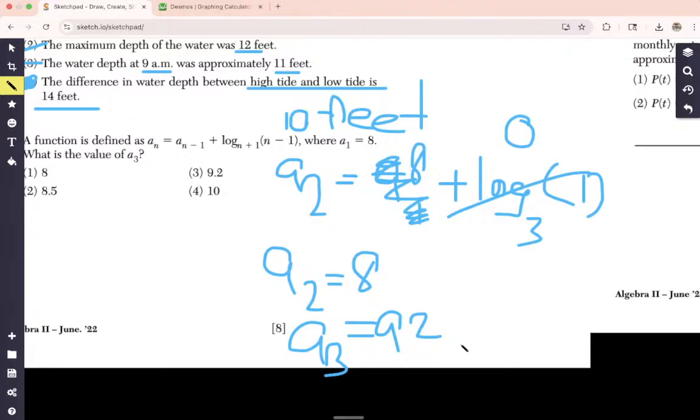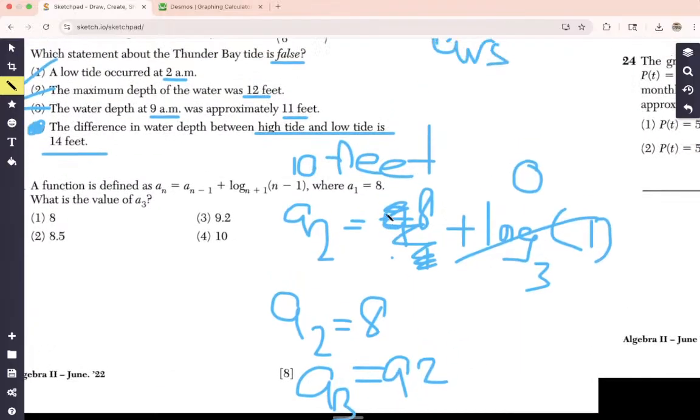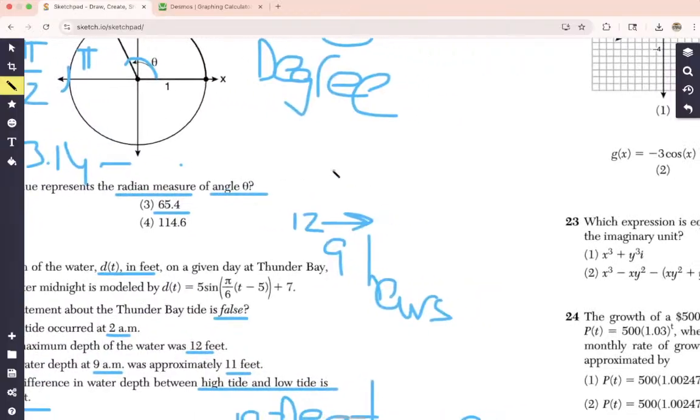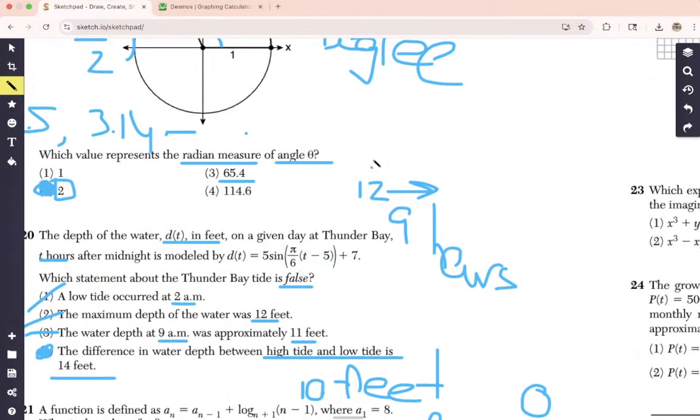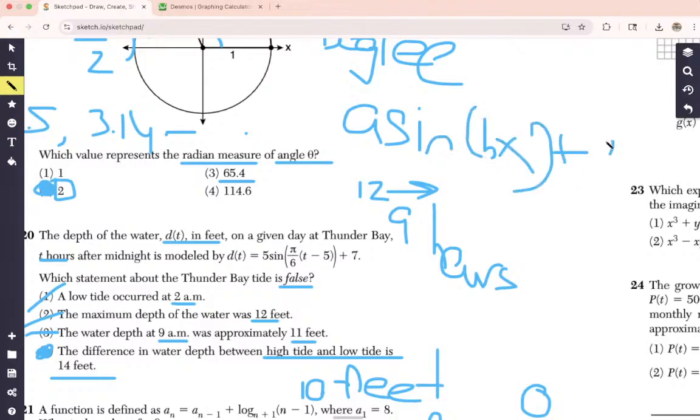You can figure out the amplitude. Remember for the sine graph, for the Algebra 2 regions, it's very weird because a lot of the times they only give you the formula like a sine of bx plus c. A lot of times they don't actually do horizontal transformations, like moving it side to side.